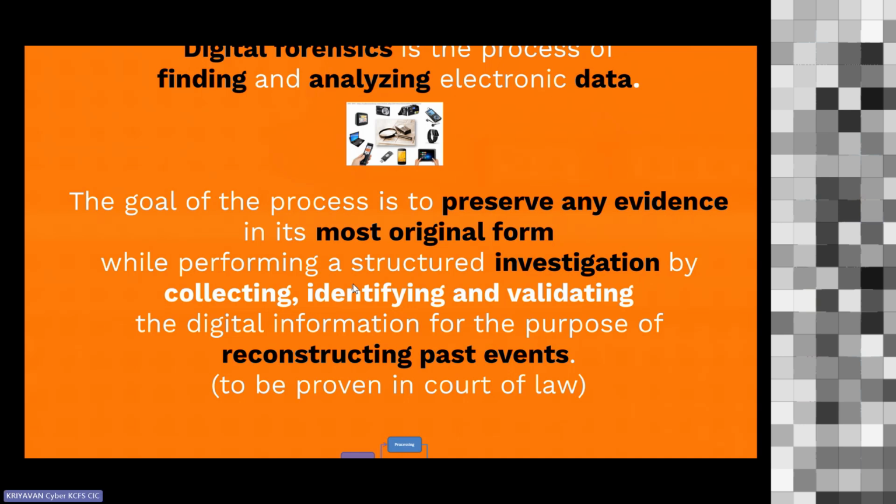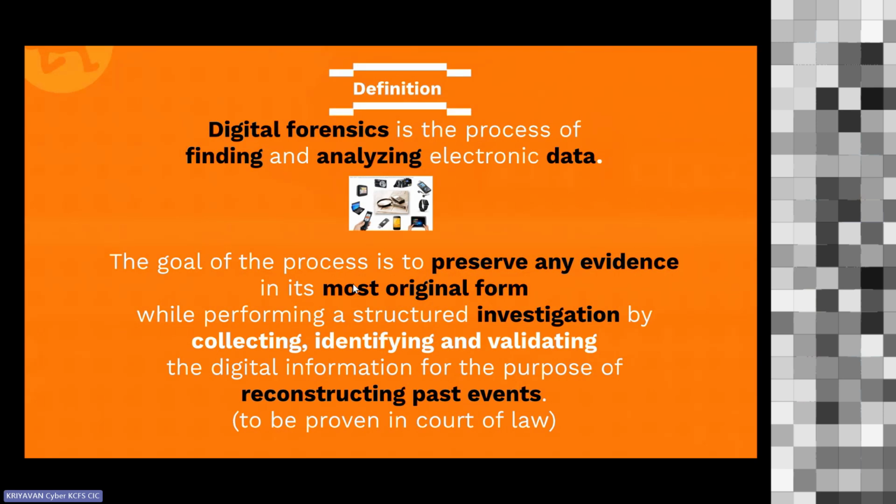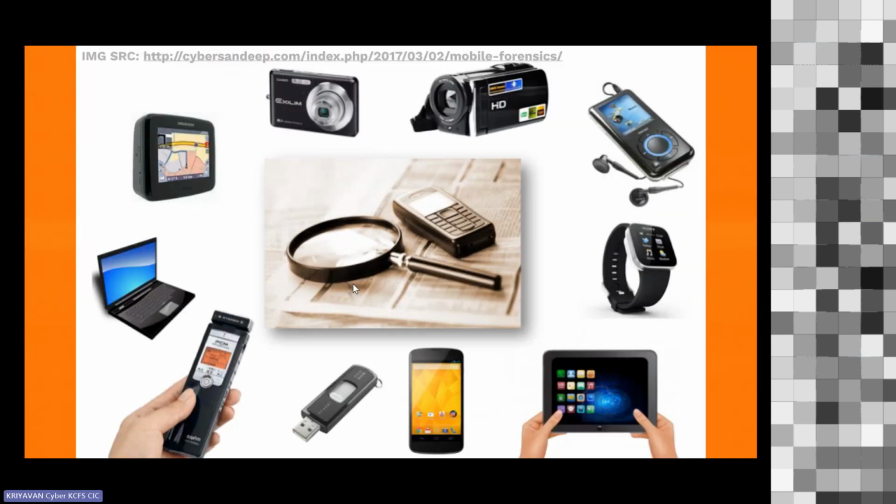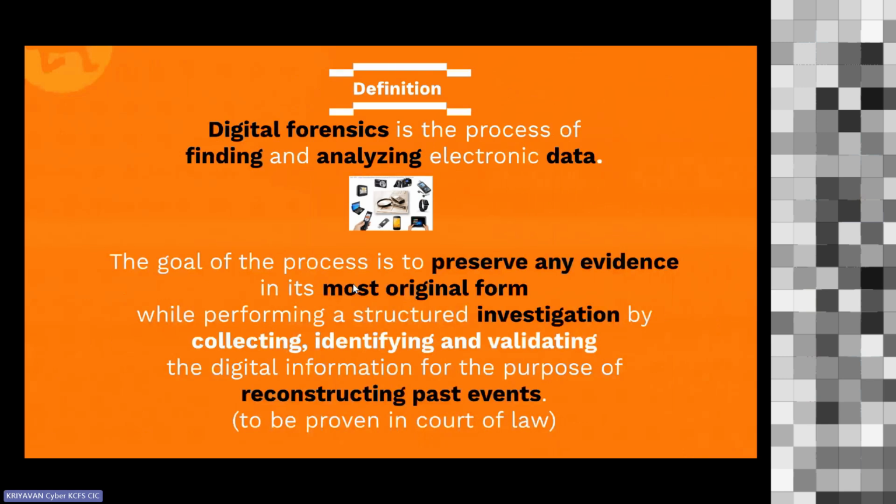What does it mean? Evidence here is not bloodstains or DNA. The evidence which we discuss is something like this: a laptop, a GPS receiver, a camera, an SD card, an iPod, a smartphone, a smart device, anything, any device which is capable of storing, retrieving, and transmitting data.